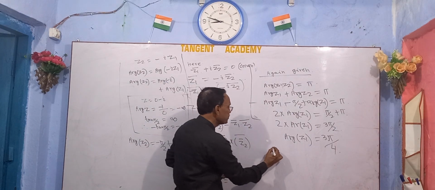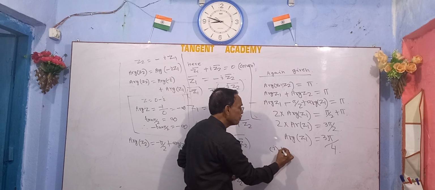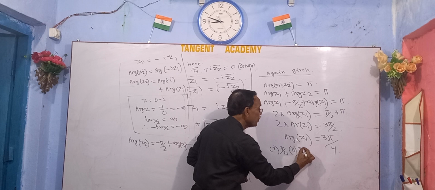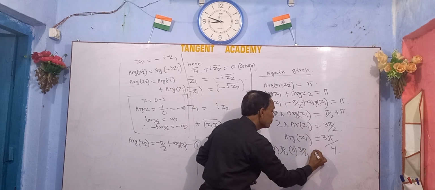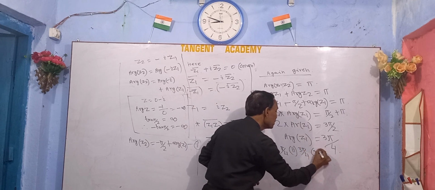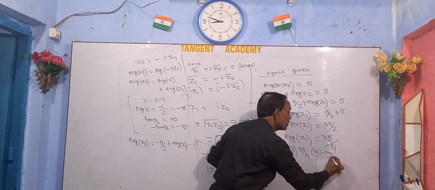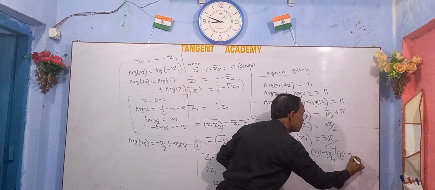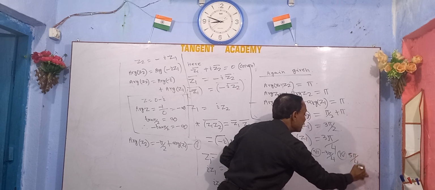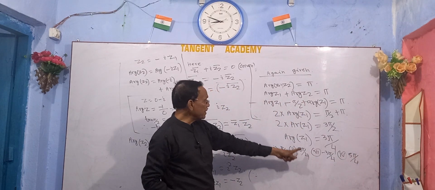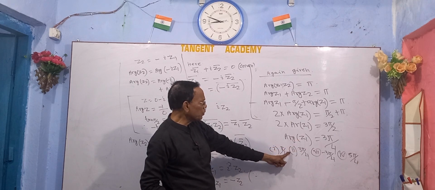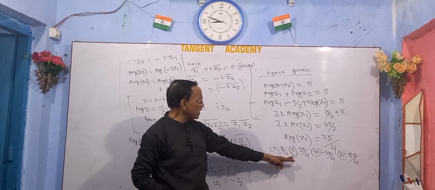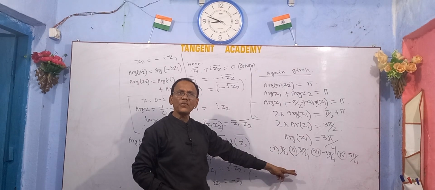And so, the first option was pi by 4, the second option was 3 pi by 4, the third option was minus 3 pi by 4, and the fourth option was 5 pi by 4. Among the 4 options, we can clearly see that option 2 is correct. So the argument of Z1 is found as 3 pi by 4.